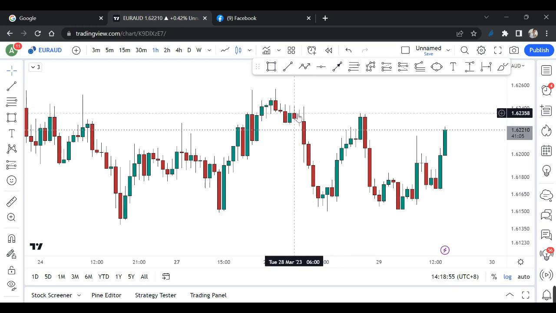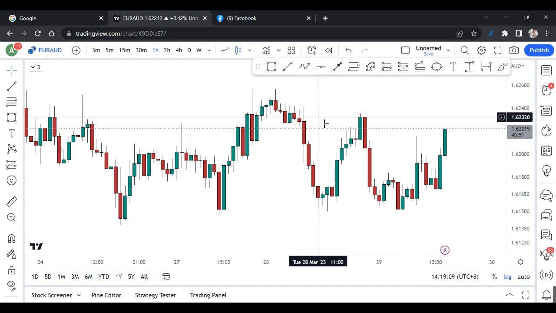And not only that, if you're able to get the maximum pain level, the MPL, and the decision point, then you will get a very precise entry and you can lower your risk, which means your reward will increase significantly.